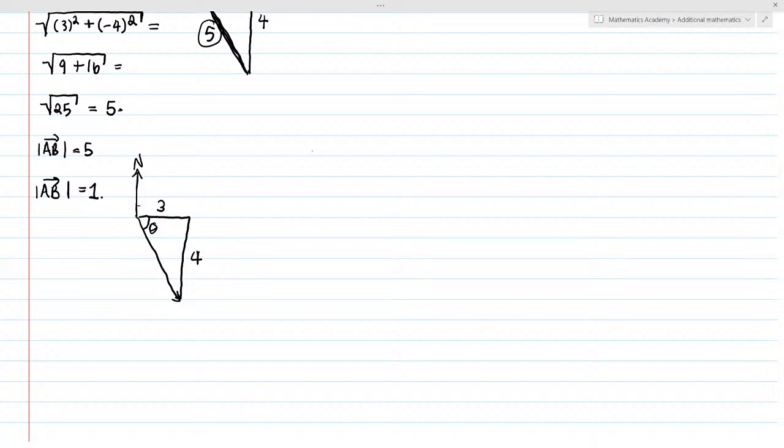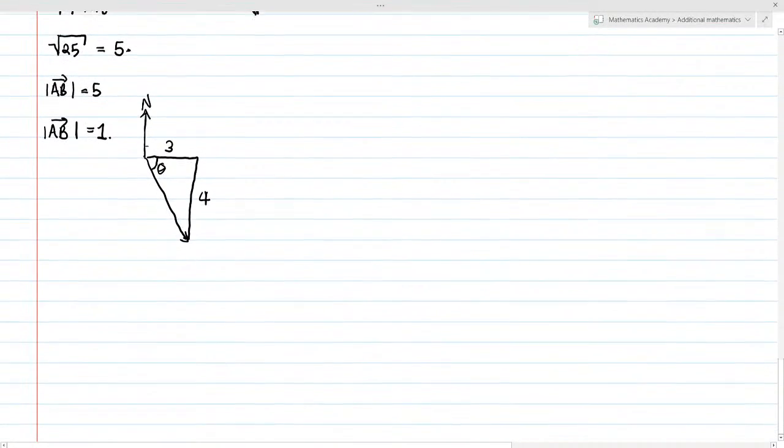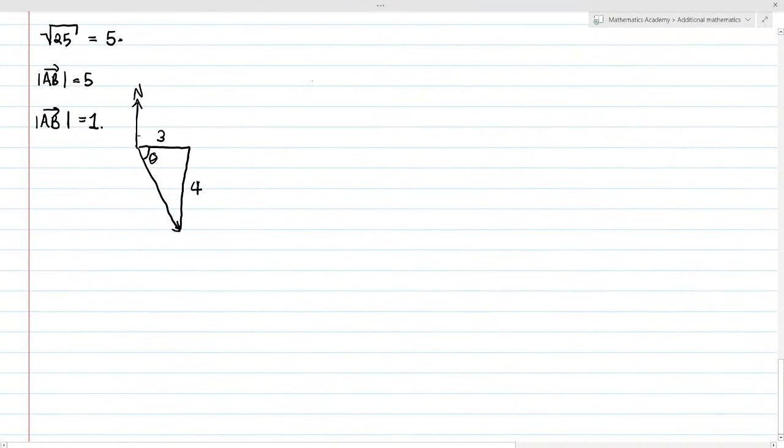What we want to do instead is give the direction also in vector notation. Because remember, we can find this value of theta and all of these values just from knowing that the car travels 3 units to the right and 4 units to the bottom every hour.